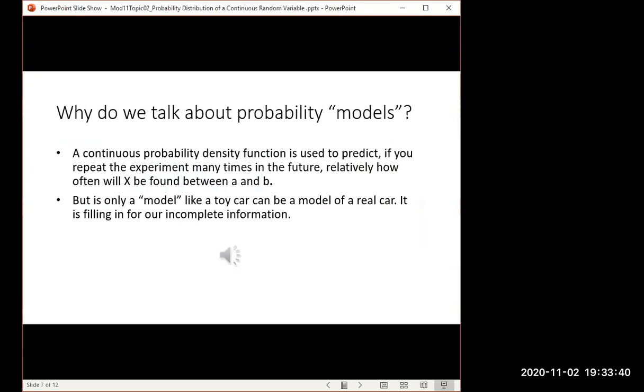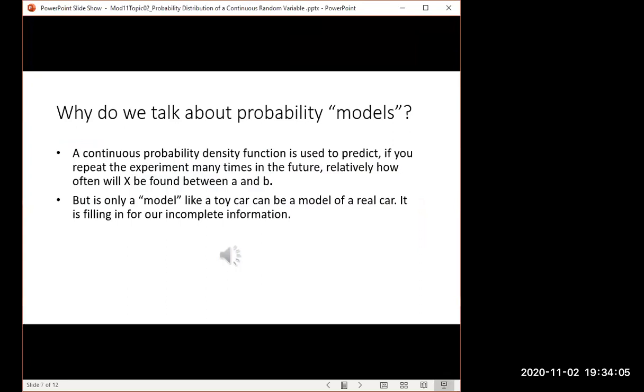Now, this kind of curve that we're talking about here, these probability distributions, they're sometimes referred to as probability models. What's going on with this word model? Well, you're using the density function to make a prediction.